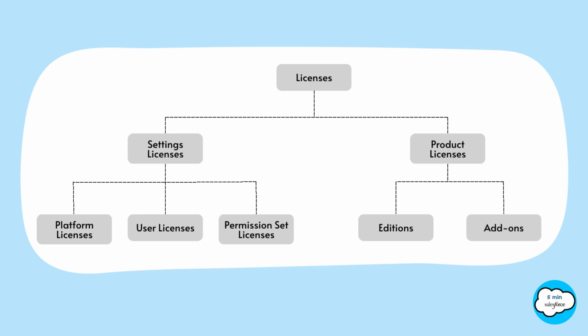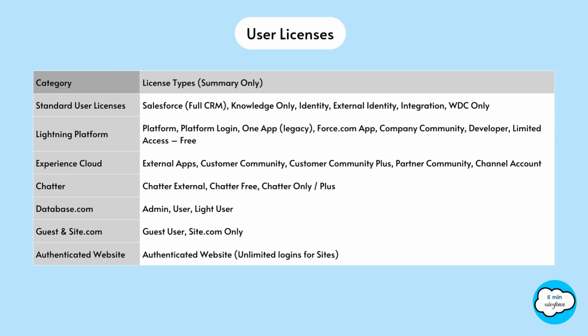Let's talk specifically about user licenses. Under user licenses we have major subcategories in Salesforce. Under standard user licenses we can have Salesforce Knowledge Only, Identity, External Identity kind of features.